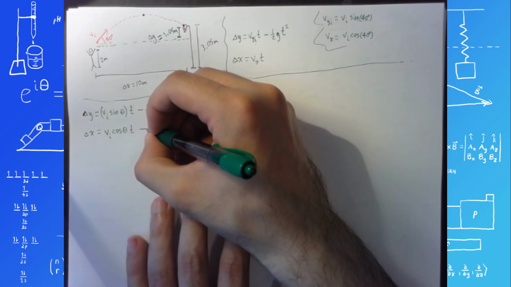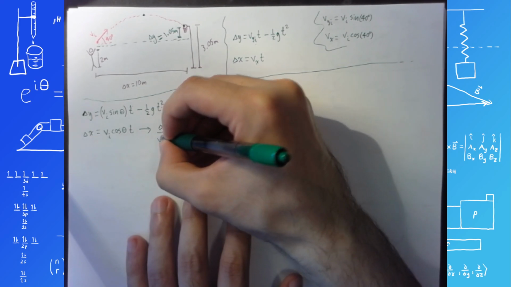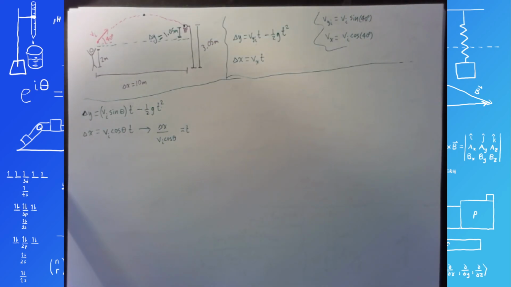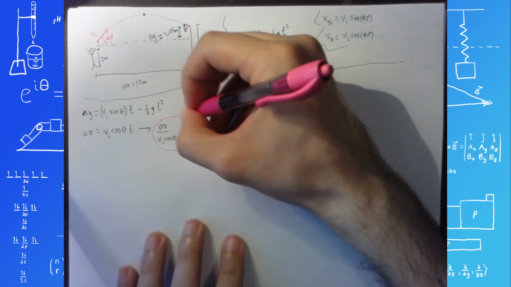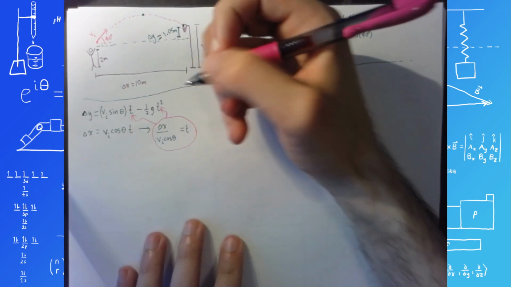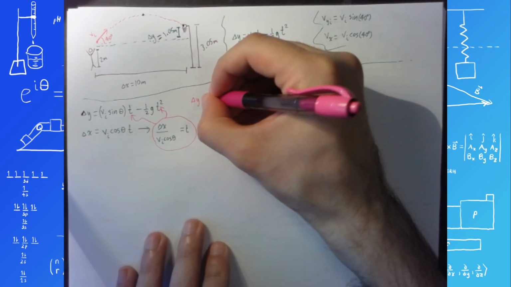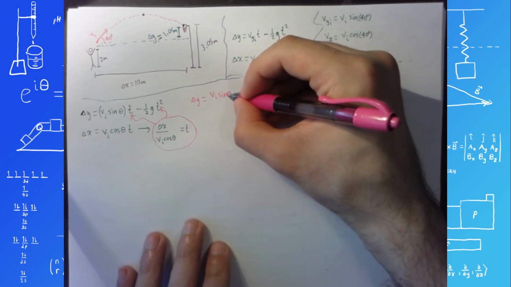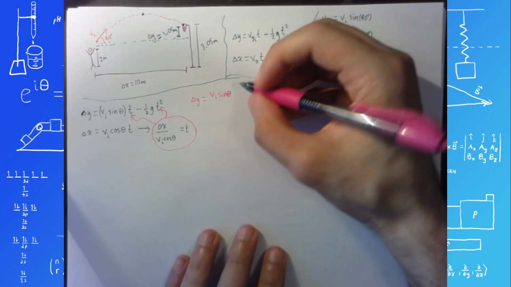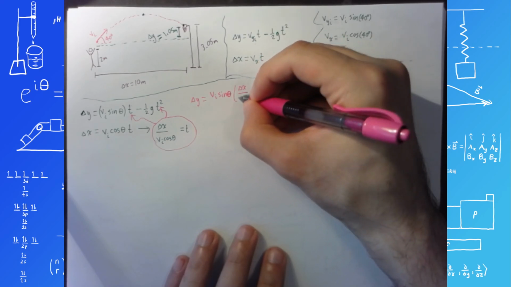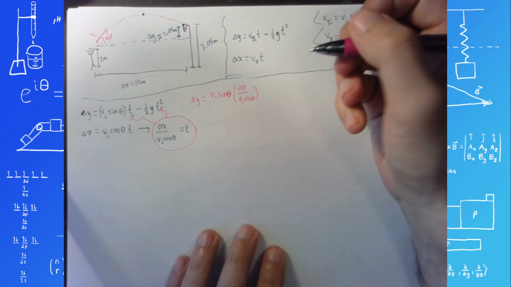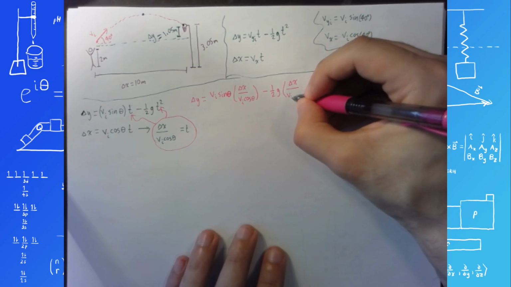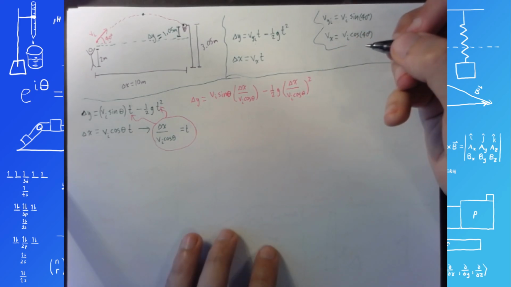So rearranging this, I would get delta x over V initial cosine theta equals t, and then I would take this expression and plug it into t here, and that would give me delta y equals, this is going to look complicated, but we will get through this, V initial sine theta times t becomes delta x over V initial cosine theta, minus 1/2 g, and then t squared, here we go, delta x over V initial cosine theta all squared.